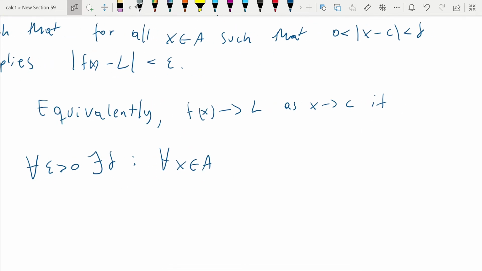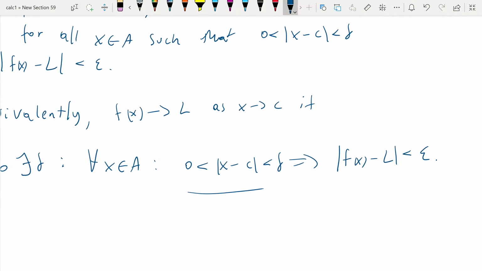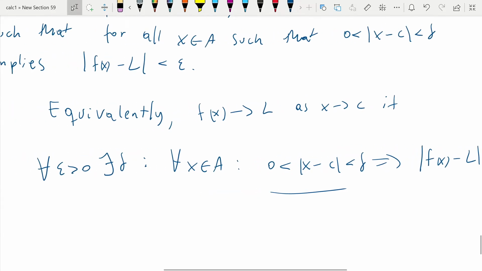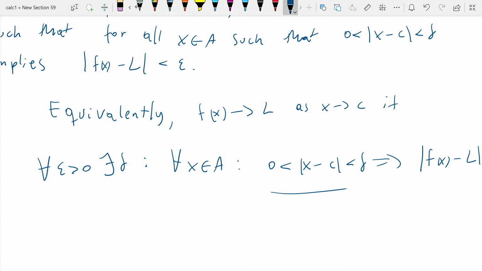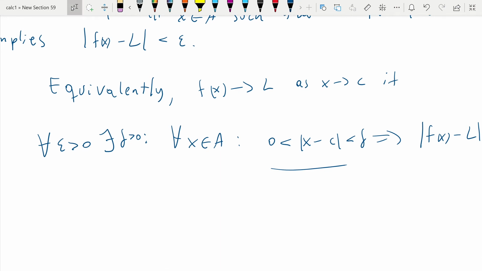While x is in A, it holds that if |x minus c| is less than delta, then |f of x minus L| is less than epsilon.